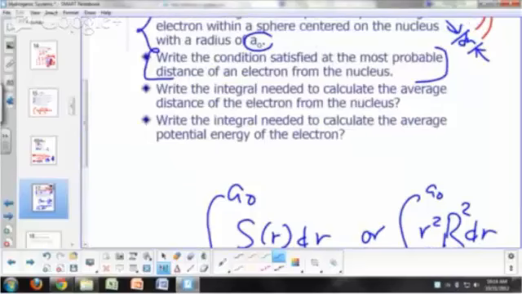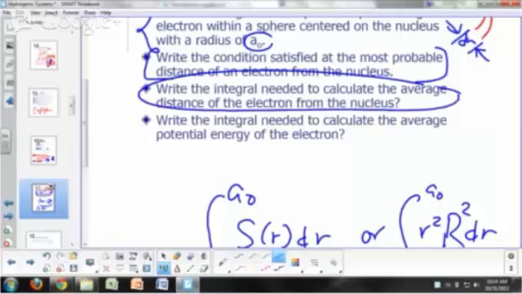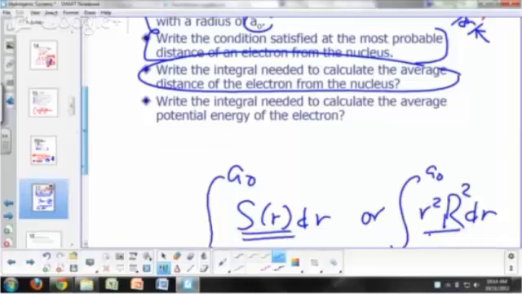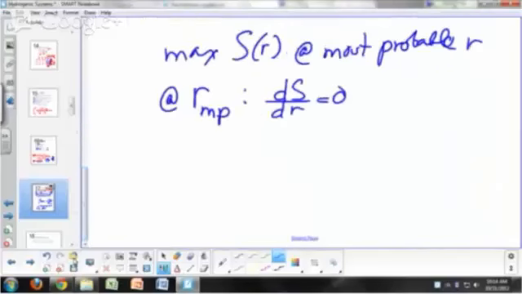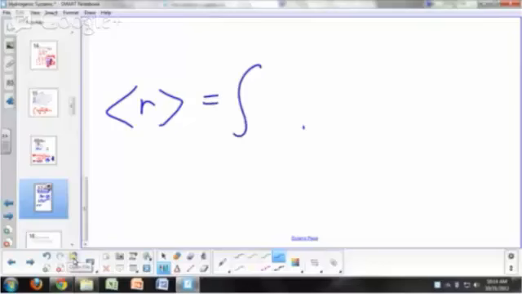What would be the integral that you need to calculate the average distance of the electron from the nucleus? The average distance would be that, right? And that's just going to be psi star times R times psi d tau.